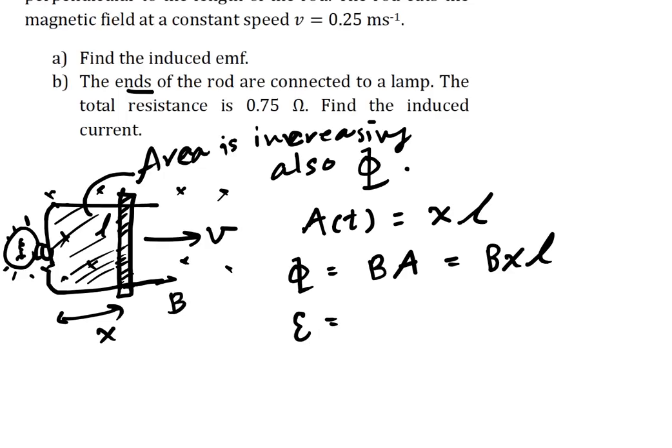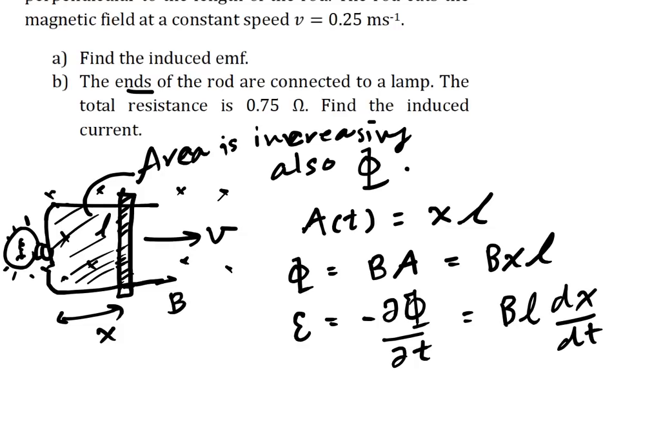And then the induced EMF would be BL as a constant times dx by dt, in which dx by dt is actually the velocity v.